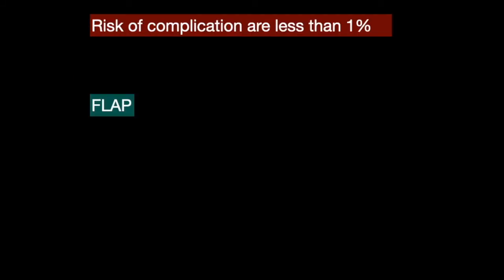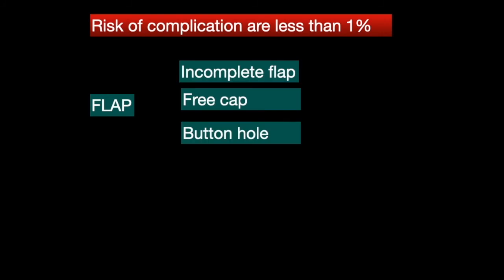In LASIK, the risk of complication is less than 1%, and the complication, if at all it happens, is during the flap creation. So you can get either an incomplete flap creation or a free cap when the flap totally separates from the cornea, and sometimes buttonholing of the flap.